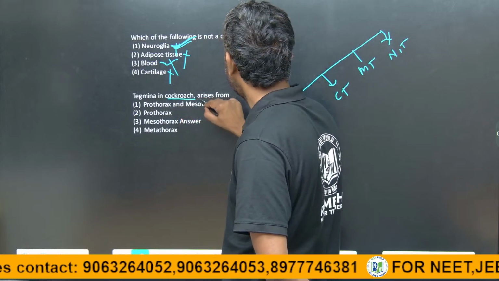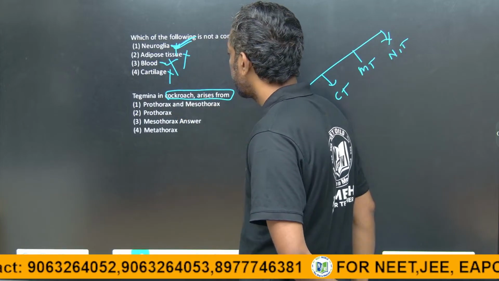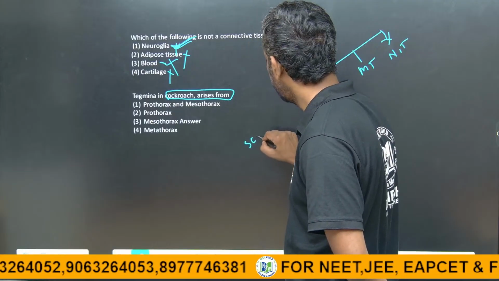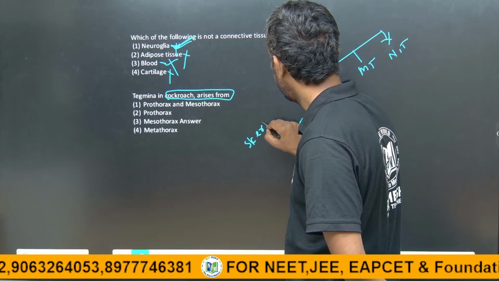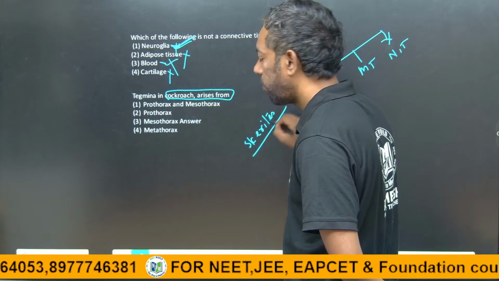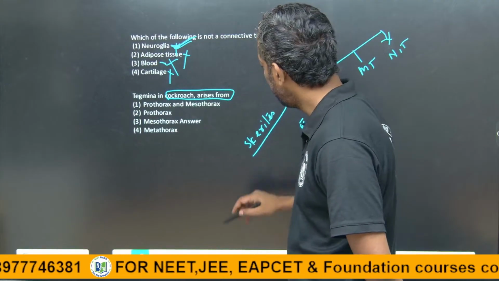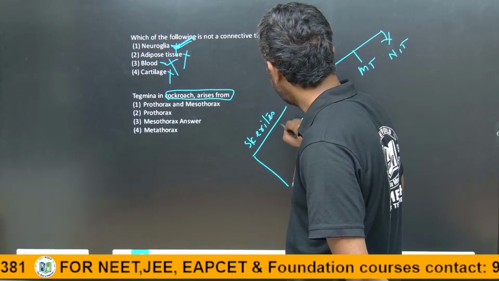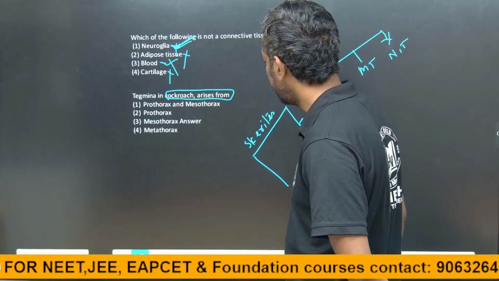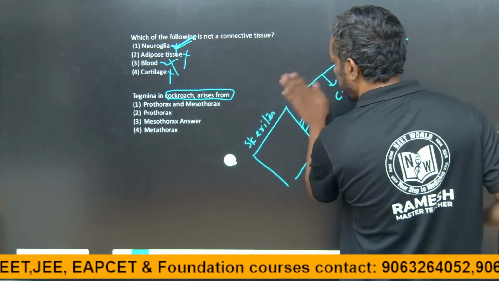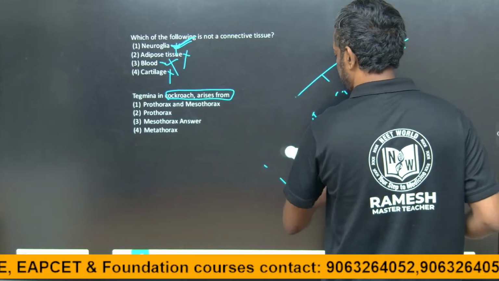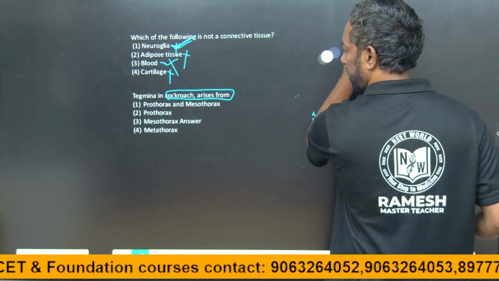Tegmina in the cockroach arises from the sclerites. In the cockroach there are exoskeleton plates, sclerites. I will explain it in the right way, guys. No worries about it.